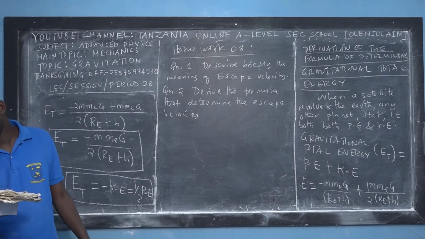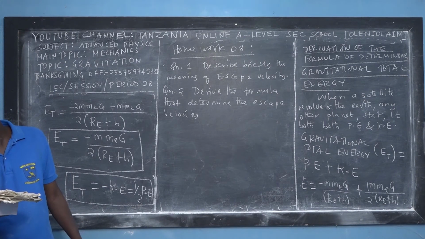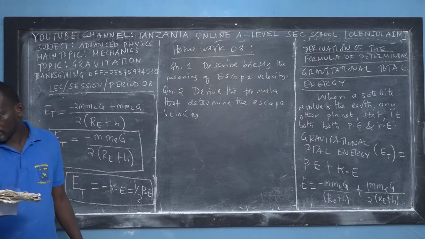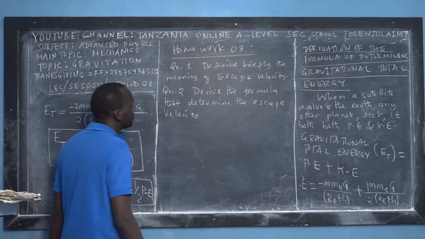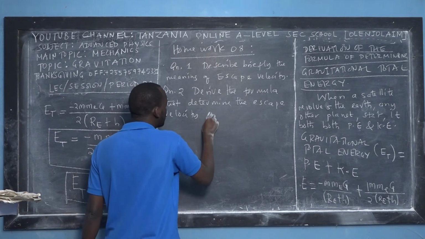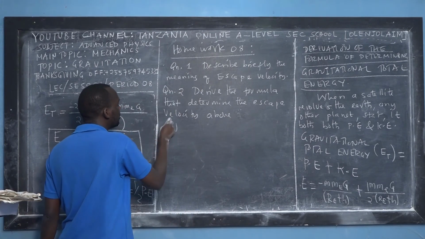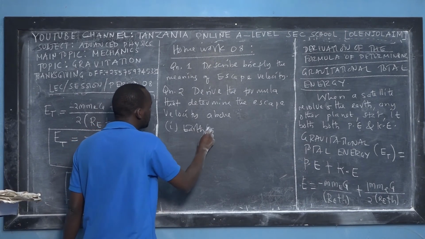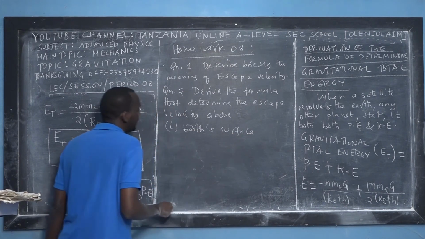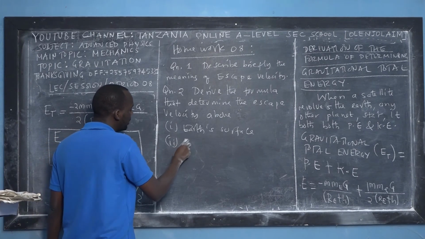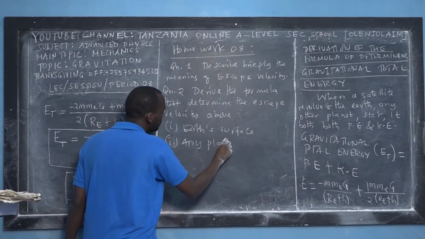Escape velocity from or above the Earth's surface, or escape velocity above, 1, Earth's surface, and then 2, any planet's surface.